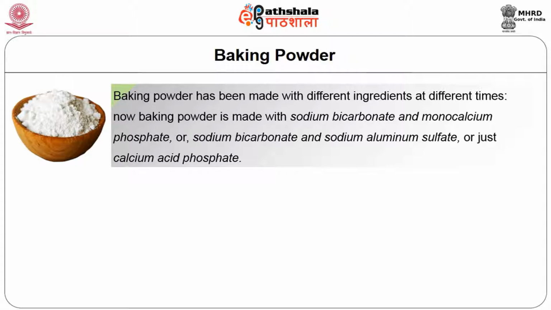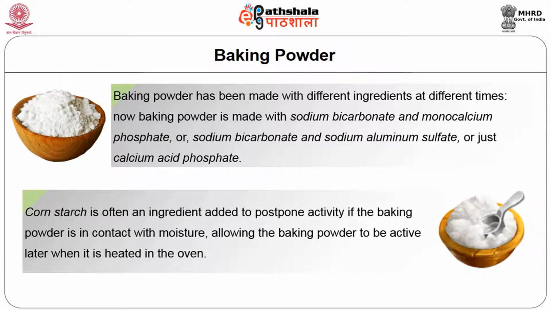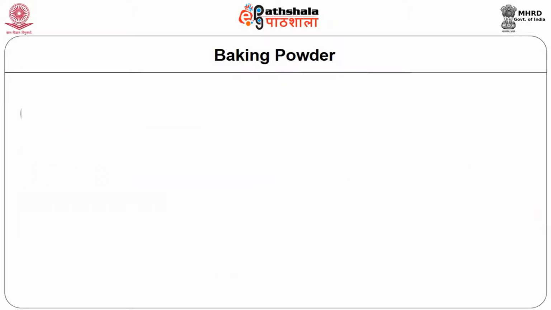Now baking powder is made with sodium bicarbonate and monocalcium phosphate or sodium bicarbonate and sodium aluminum sulfate or just calcium acid phosphate. Cornstarch is often an ingredient added to postpone activity if the baking powder is in contact with moisture, allowing the baking powder to be active later when it is heated in the oven.